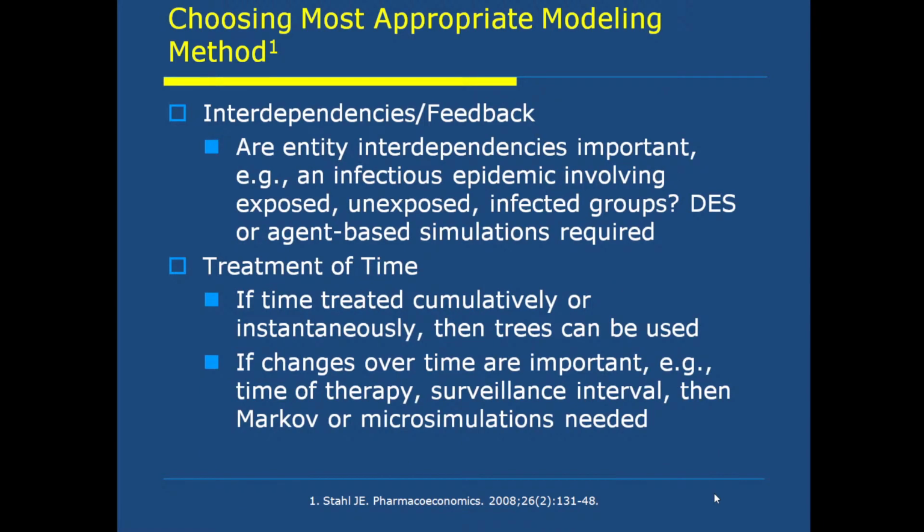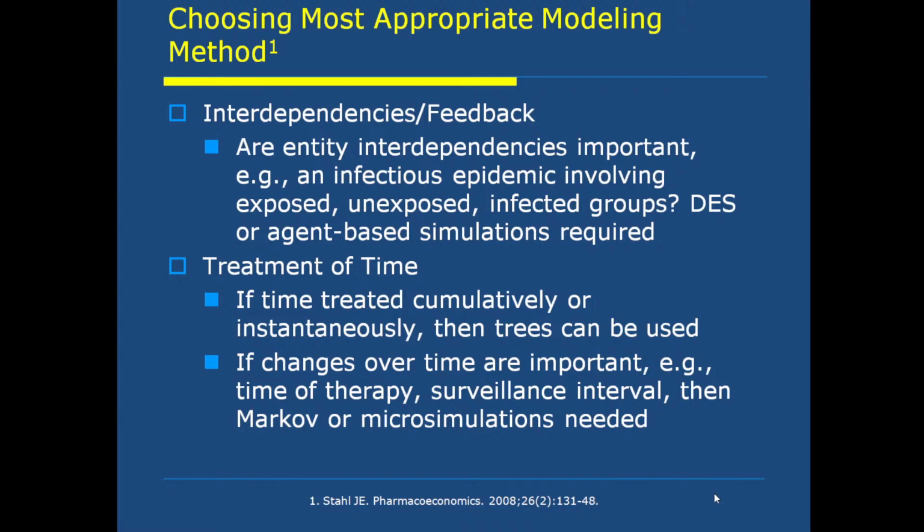Interdependencies and feedback. Are entity interdependencies important? For example, an infection epidemic involving exposed, unexposed, and infected groups. Discrete event simulation or agent-based simulations are required.